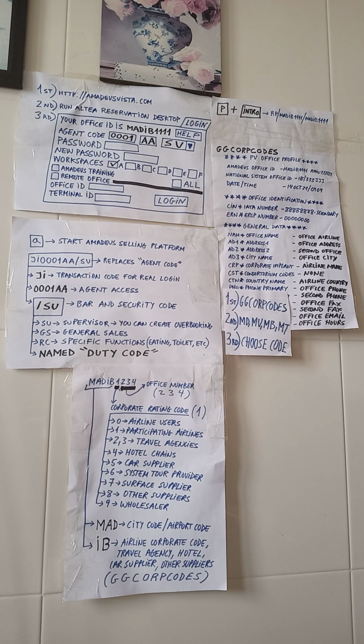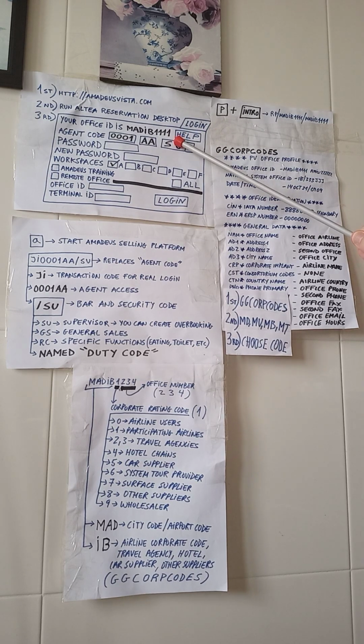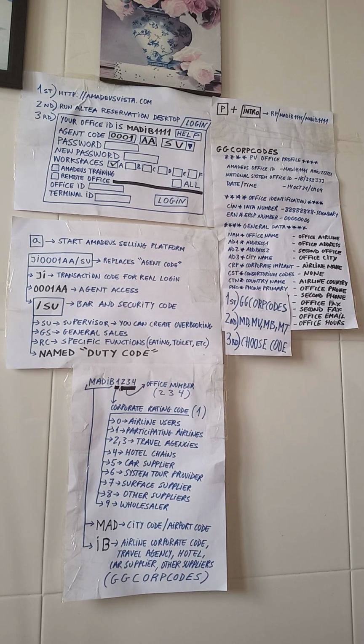It's random information though. Here we have a square with a tab to display 3 options: SU, GS and RC. We have by default here the SU supervisor.